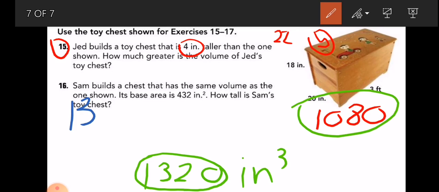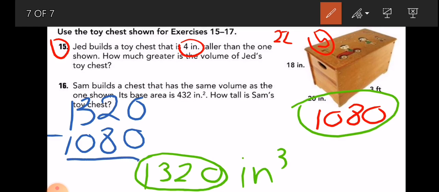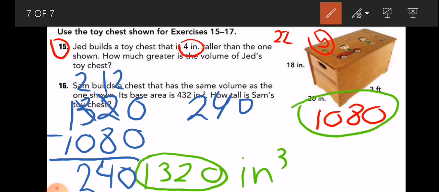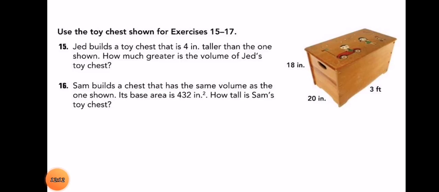So 1320 minus 1080, 0, then this is 12, 3 is 2, 12 minus 8 will give 4, 2 minus 0 is 2, 1 minus 1 is 0, so 240 inch cubed. So his toy chest is greater by 240 inch cubed. Now we're done. Thank you so much, guys, for listening.